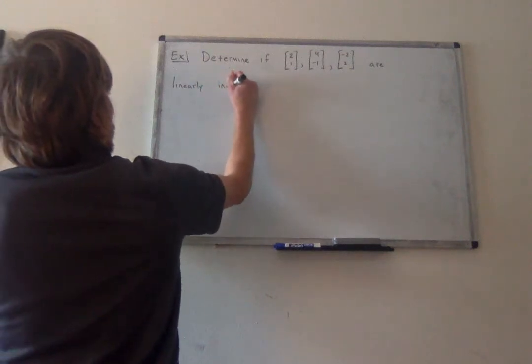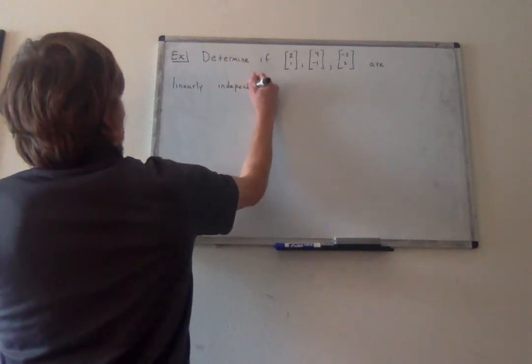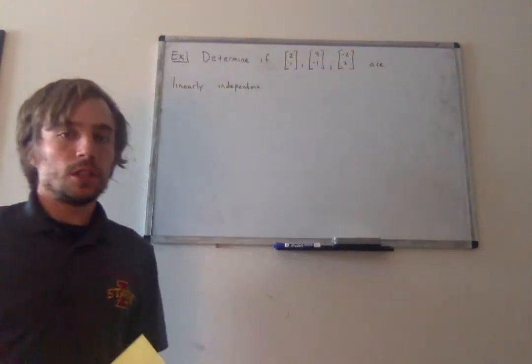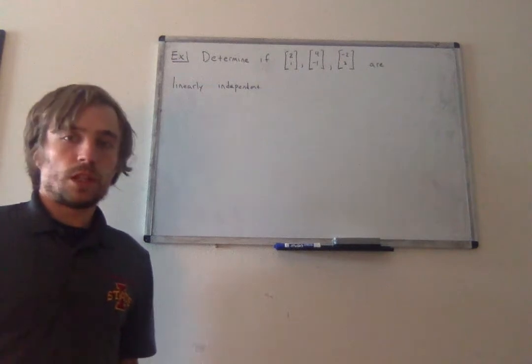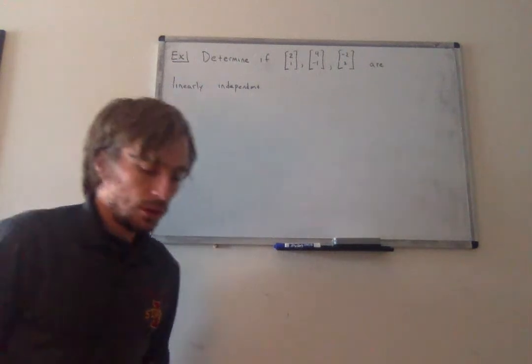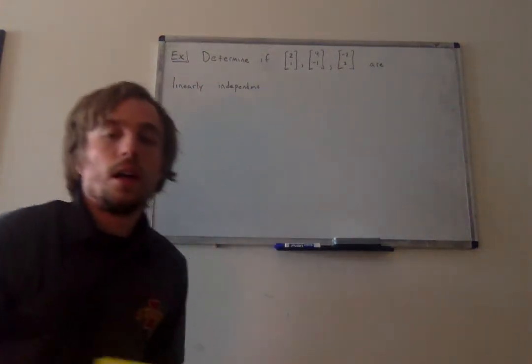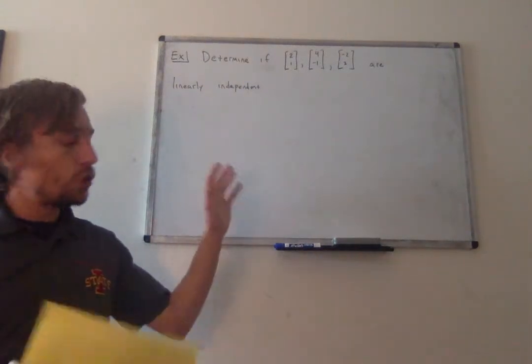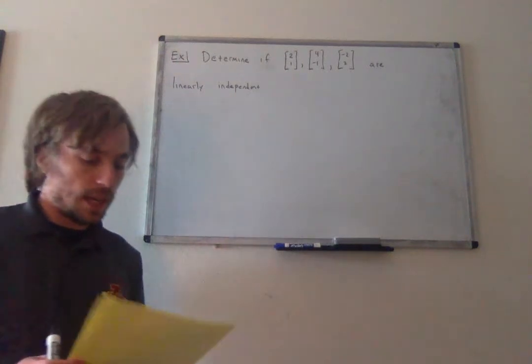I'm going to work through the row reduction, since it's a relatively short one, just so we can see this example. And I think looking at the row reduced matrix will give us a very good intuitive idea of the next fact I'm going to state.